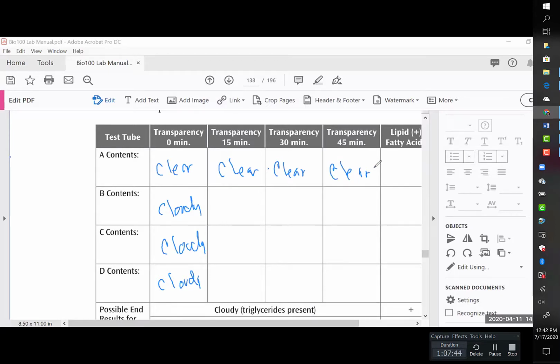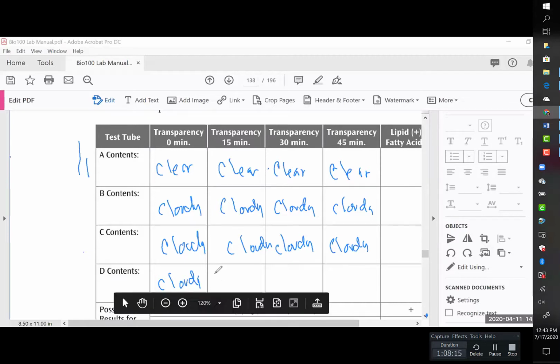And then contents B, this one remained cloudy. And then really, the one that was most interesting for us was the last test tube, which was clear and then somewhat cloudy. Let me pause this one more time.